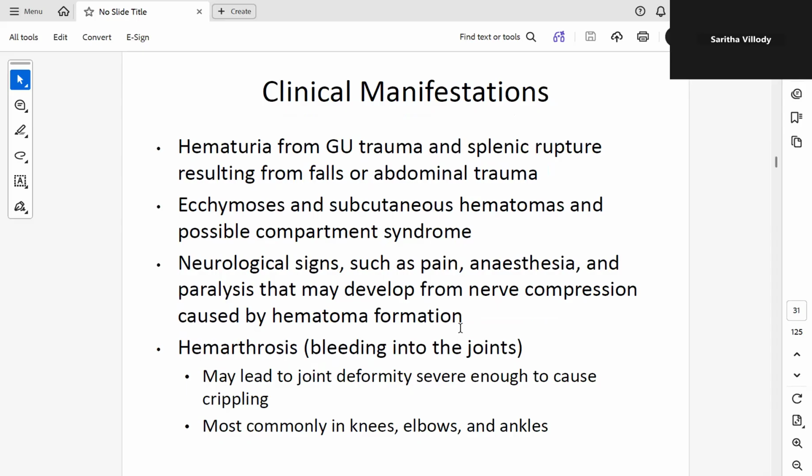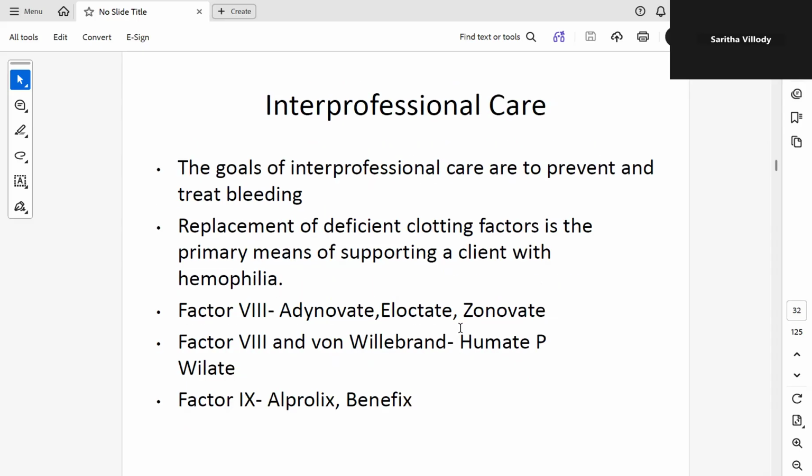So this would result in deformities of knees, elbows, ankles, etc., that affect their posture and their mobility. Usually diagnosed in childhood because of uncontrolled bleeding, and then we do further investigations and find out.